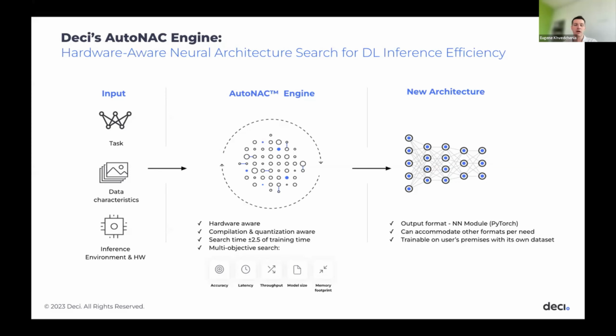And then we run the AutoNAC engine, which builds our search space and tries to predict which neural network architecture would be most efficient on this. And the output is essentially the final architecture, the PyTorch model that you can train directly and get the final model.